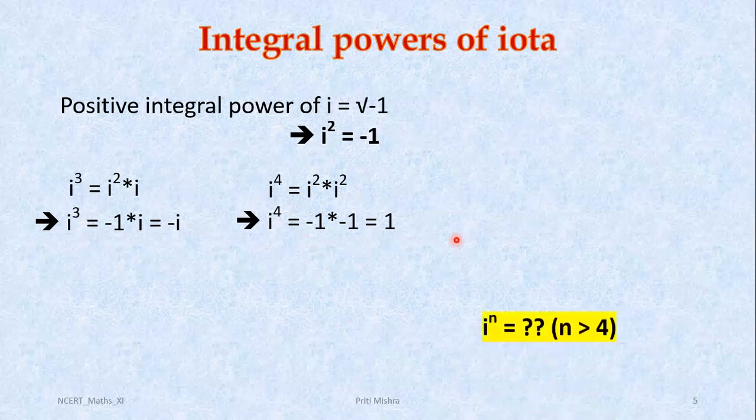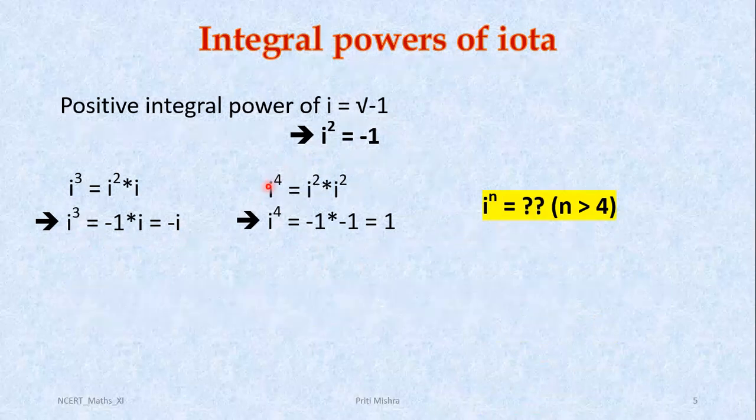Now, if we have to find i raised to the power n, where n is greater than 4 and n can be any large number like 900, 450, 1000, 1022, any power, then by using this method it will be very tedious to calculate the values for larger powers.